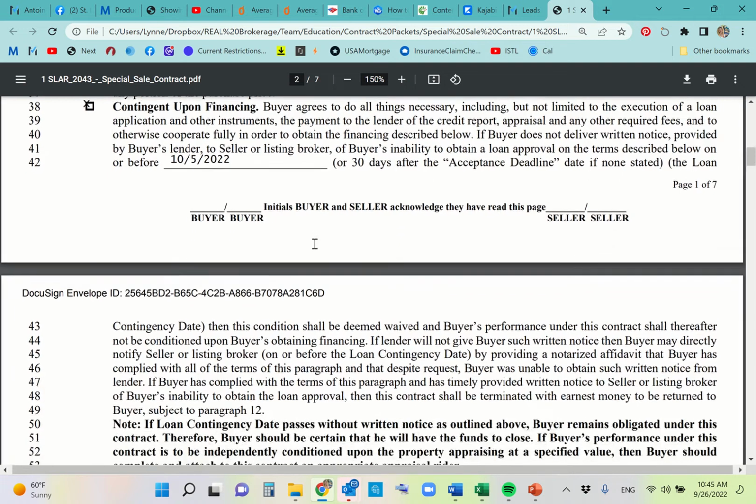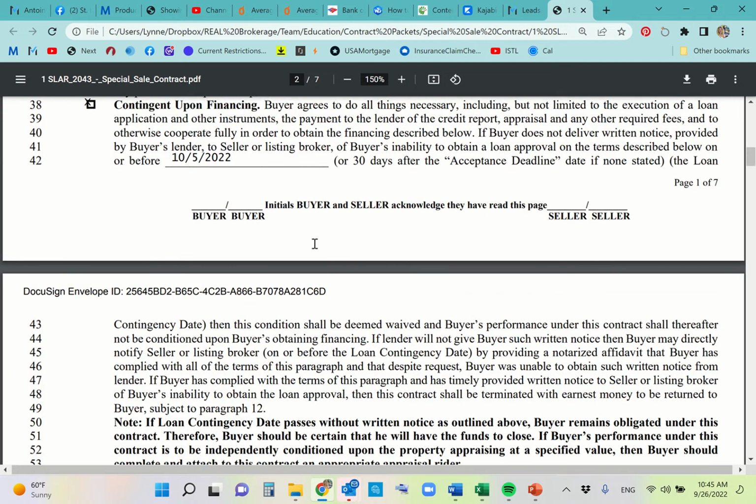But when you're contingent on financing, you need to know what kind of financing you are using. You will use your pre-approval to determine that. And the reason that you need to know that is the different loans work in different ways. They have different timelines. They have different requirements. And so you're going to need to know those.